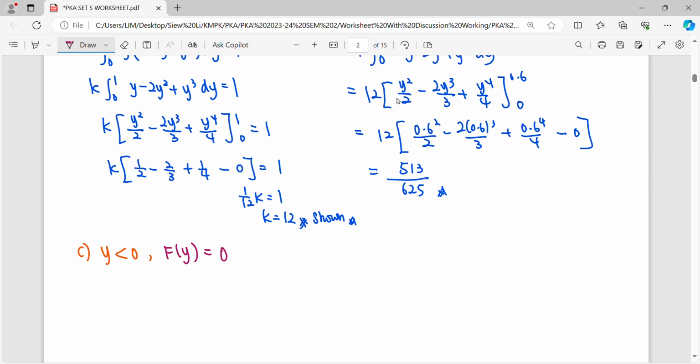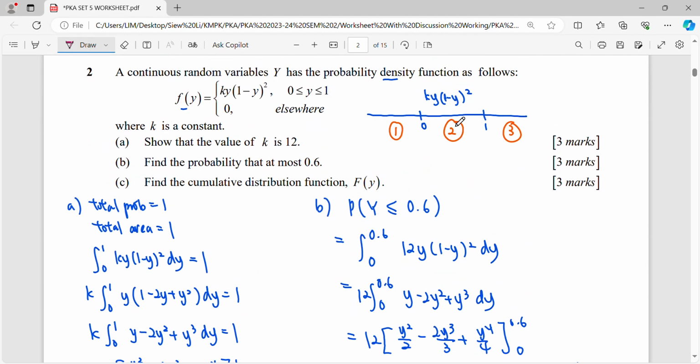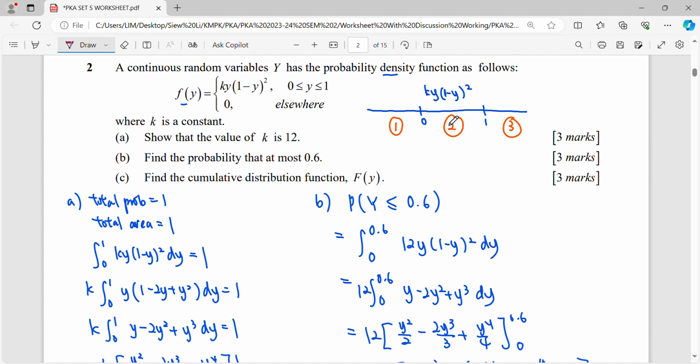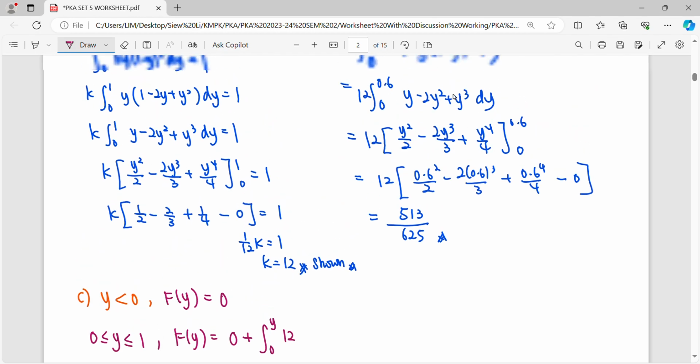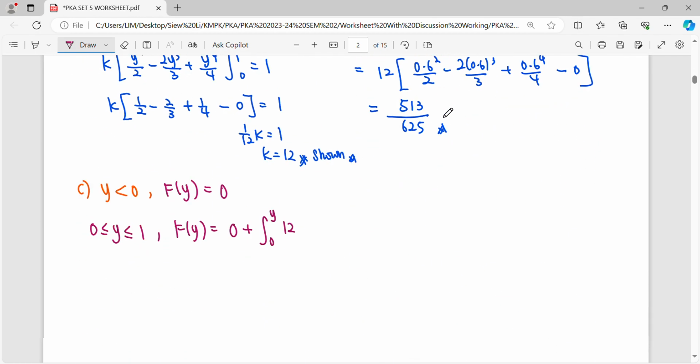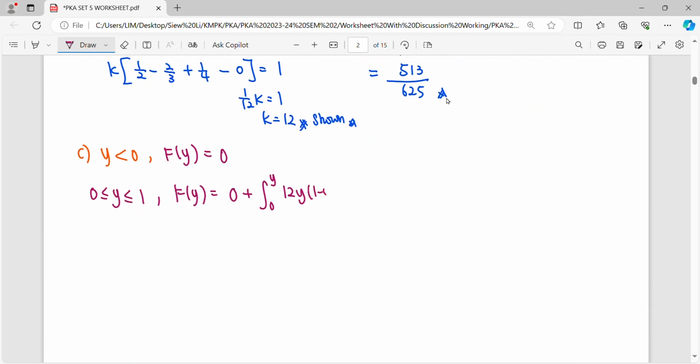Then for the second step, which is y in between 0 and 1, our F of y will be the before. When you come to the second stage here, the before is 0, currently we need to integrate this. So you need to integrate 0 until y for the current function, which is 12 times y times (1 minus y) squared, with respect to y.